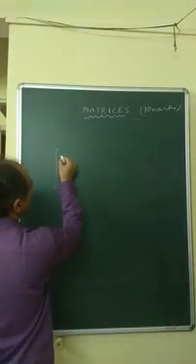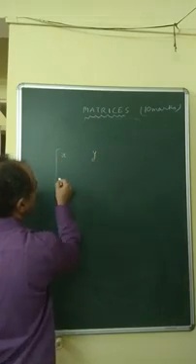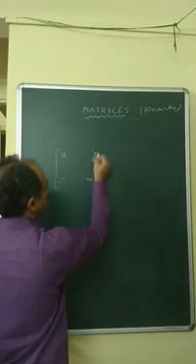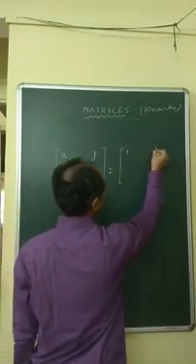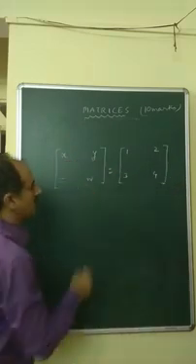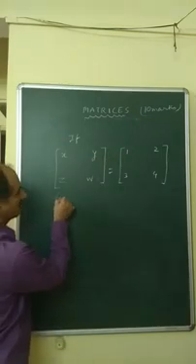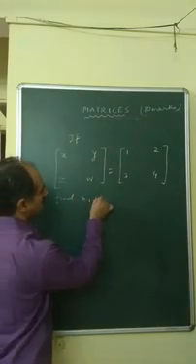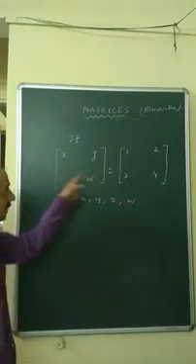See, if you take [X, Y; Z, W] equals [1, 2; 3, 4]. If this is given, find X, Y, Z, W. Now very easy to calculate.